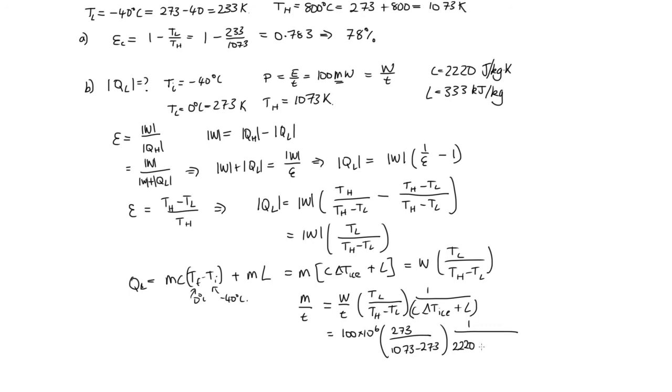That's all SI units, times delta T, that's the change in temperature of the ice, as it gets from minus 40 degrees C up to its melting temperature. So that's 40, plus L, which is 333 kilojoules per kilogram. So we times it by 1,000 to get it into joules per kilogram. And putting this into the calculator, we end up with 80.9, which we can write as 81 kilograms per second.